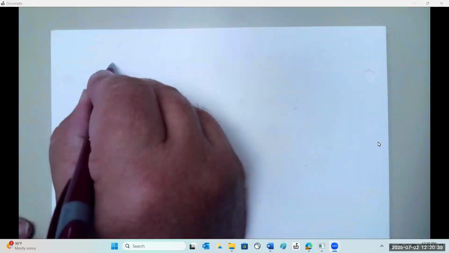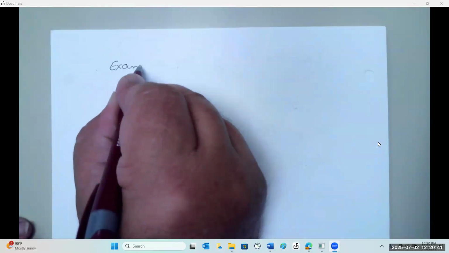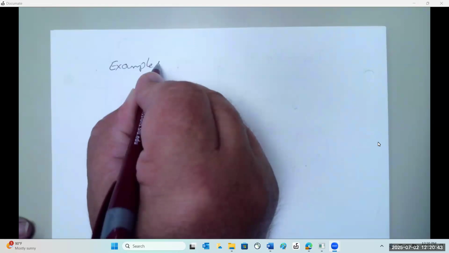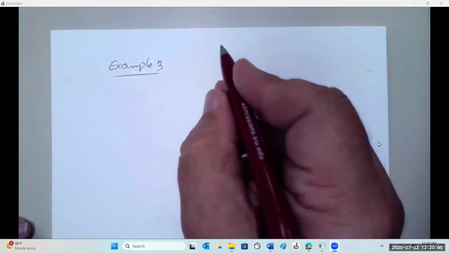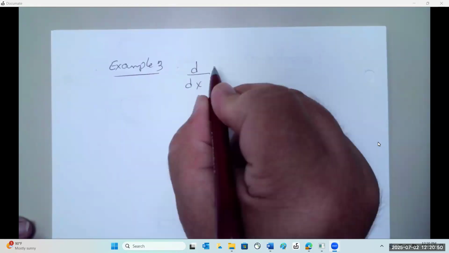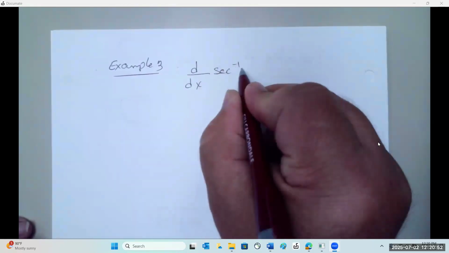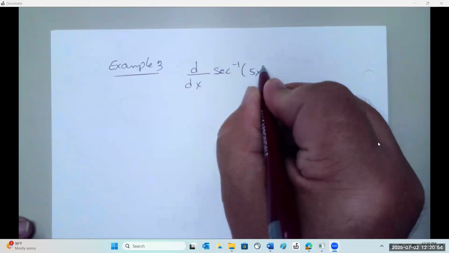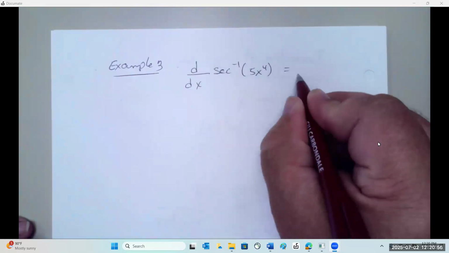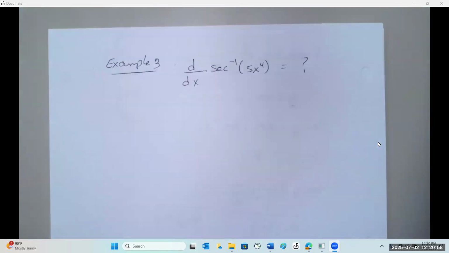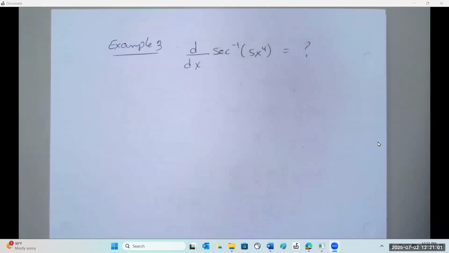Let's look at an example of this one. The inverse secant of 5x to the 4th. Take a derivative of that.